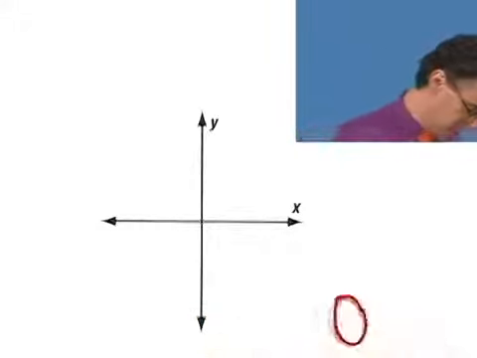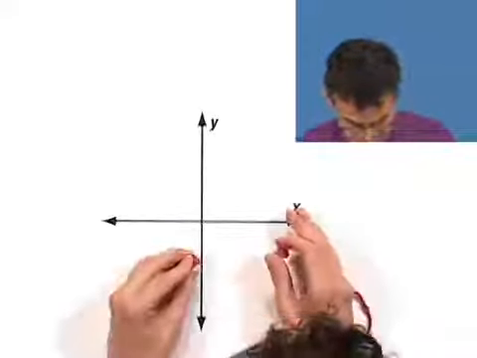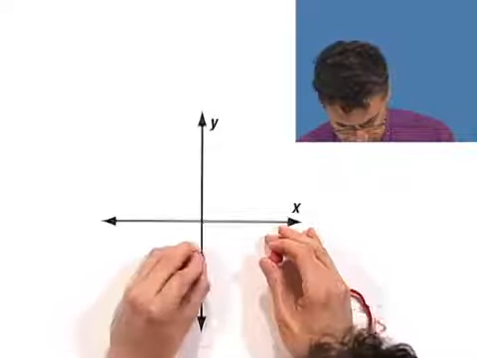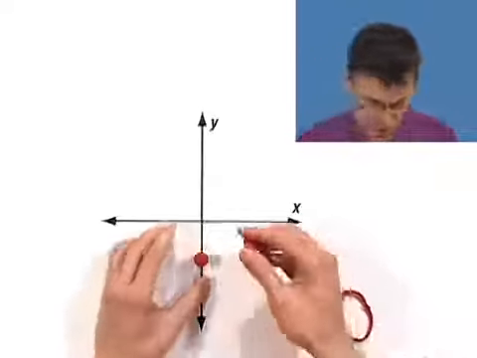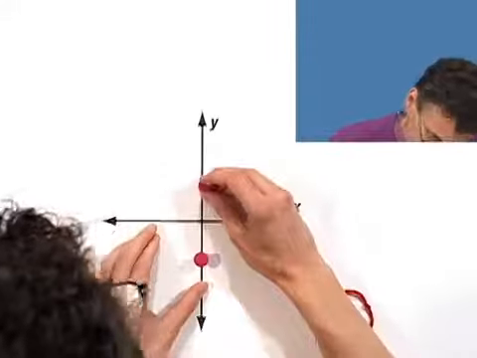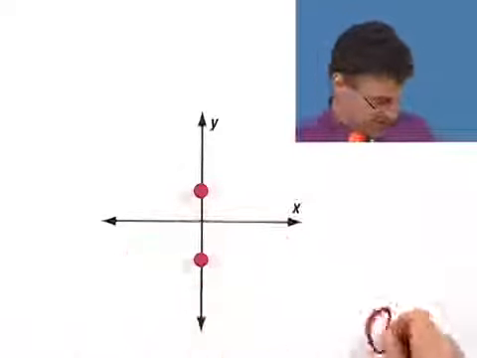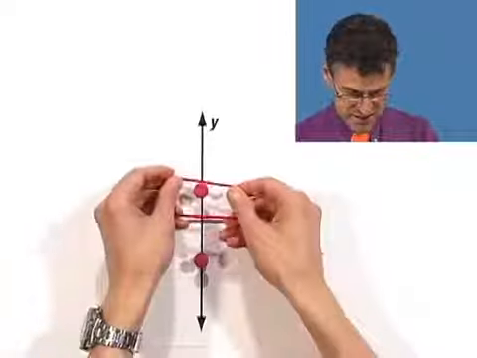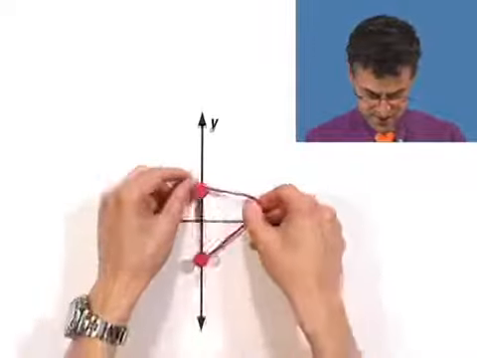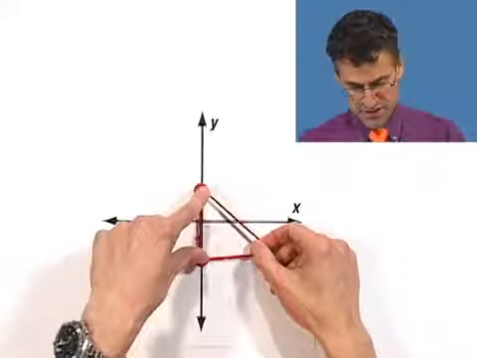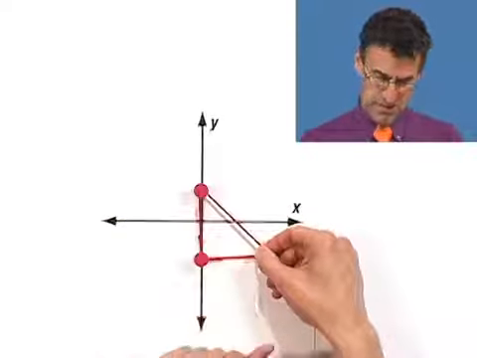Now I can generalize that a little bit, and we can actually produce the ellipse. The ellipse is a slight generalization where we take two fixed points and look for the collection of all points such that the sum of the distances from these two points is always constant. Let me say that again.